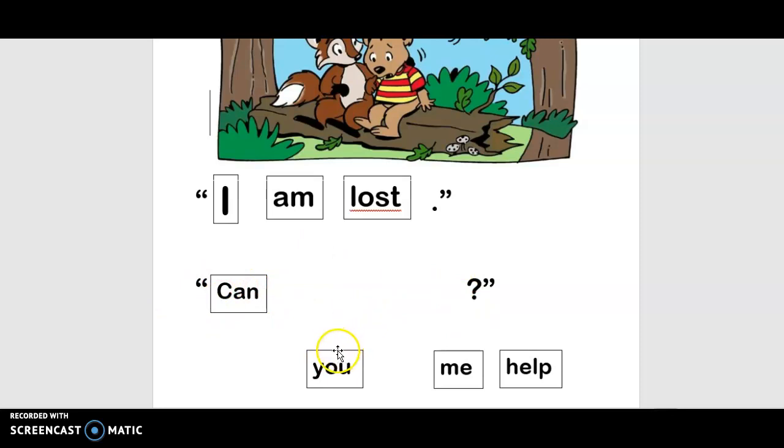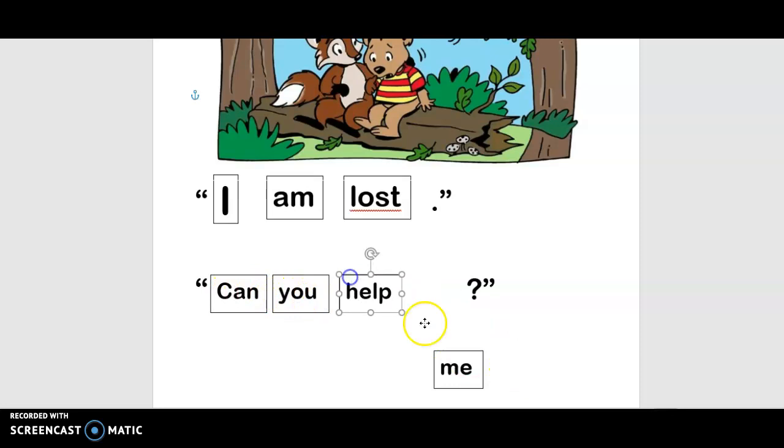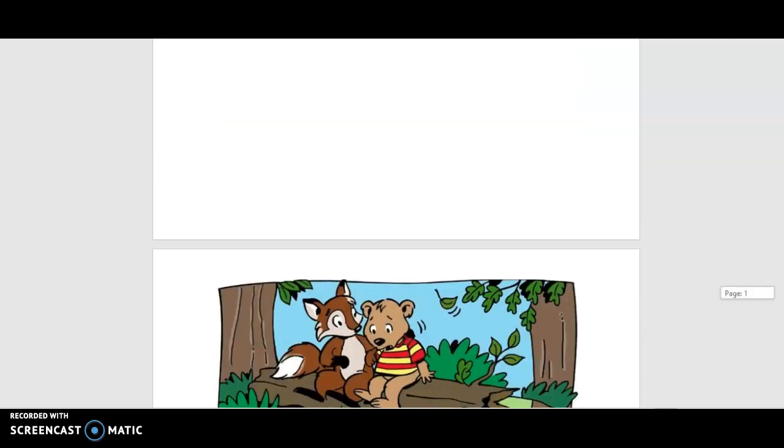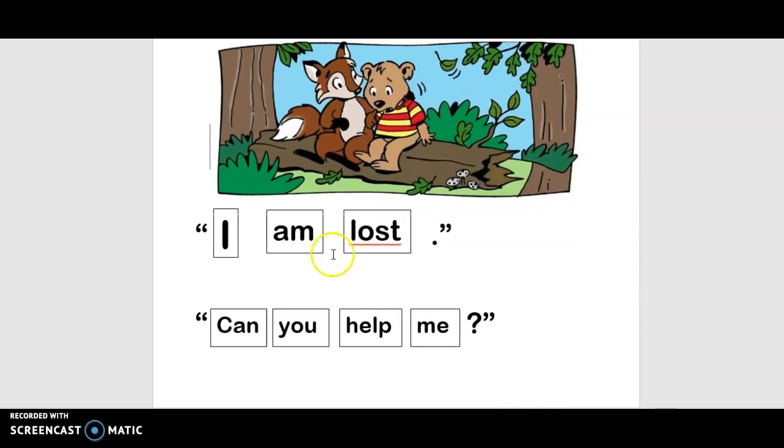What about can you? Can you? What we have left is me and help. Which one do you think's gonna come next? Can you help me? Can you help me?